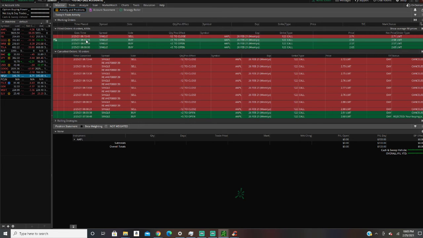I waited 5 minutes, so at 8:13 I sold all 12. My average was 260, so literally an 11-cent profit. 11 cents from 260 to 271. I made an 11-cent move on the trade, on the contract.